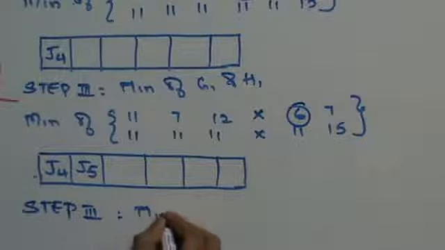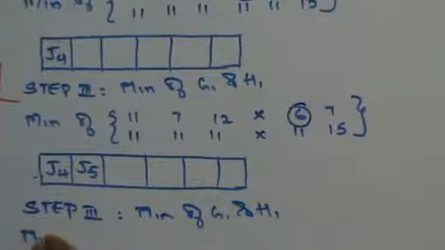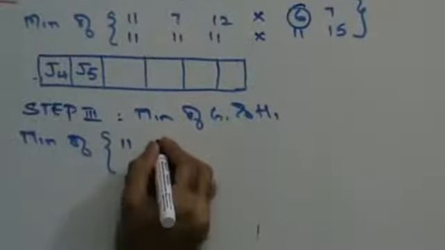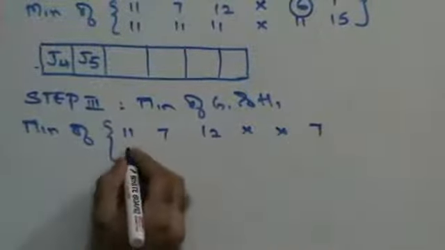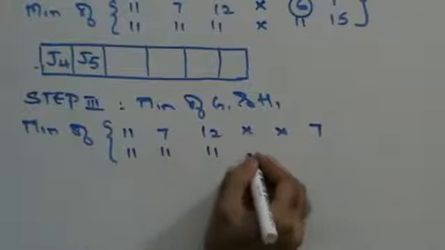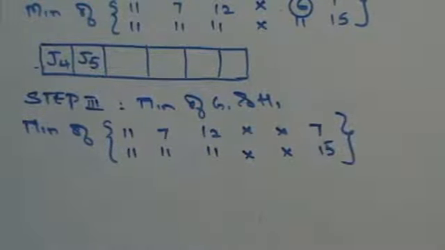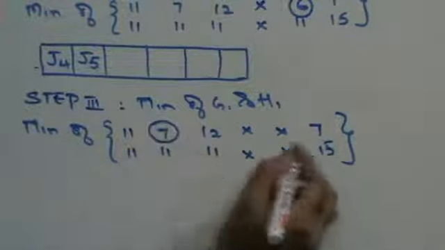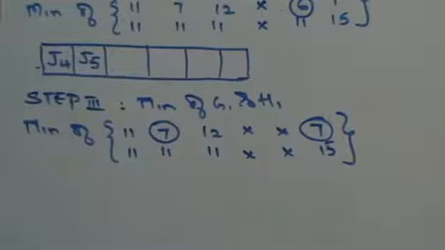Right? Next, step 3, min of G1 and H1. So in that case, this is going to be min of 11, 7, 12, cross 7, 11, 11, 11, cross 15. Now I have two identical values and both of them are in the same row. I have two 7s and both of them are in the same row, right? As a result there are going to be two alternatives.